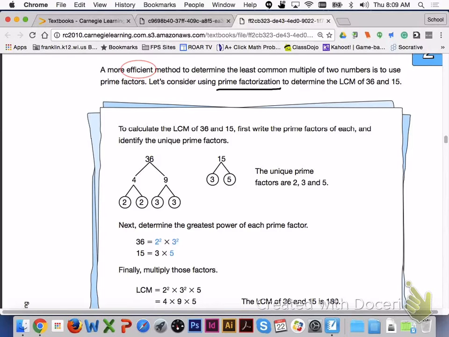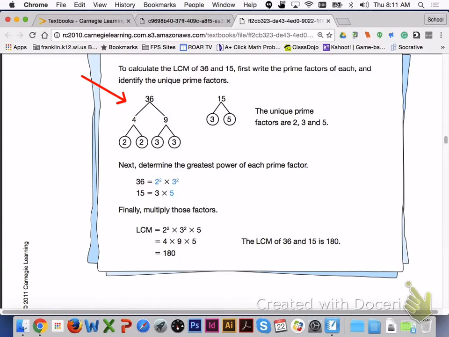Let's consider using prime factorization to determine the LCM of 36 and 15. Let's take a look at the example below. To calculate the LCM of 36 and 15, first write the prime factors of each and identify the unique prime factors. We can see them identified here. The unique prime factors for 36 and 15 are 2, 3, and 5.